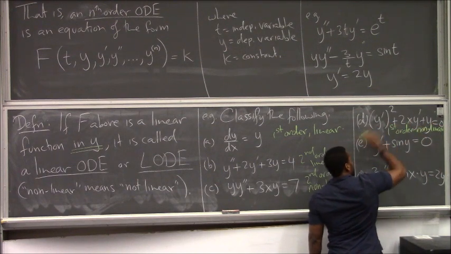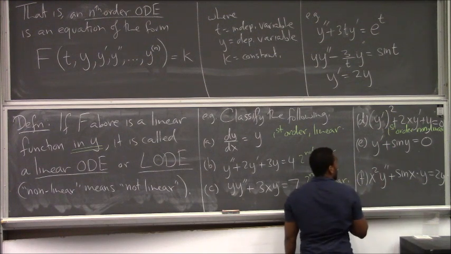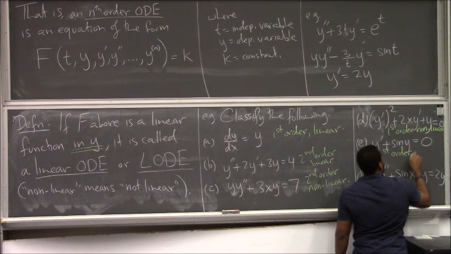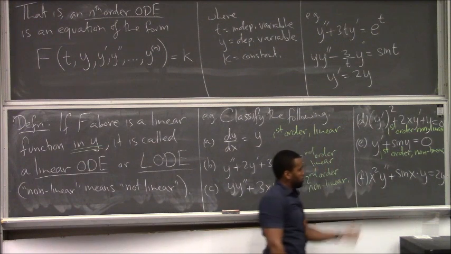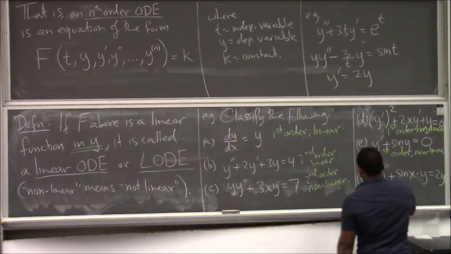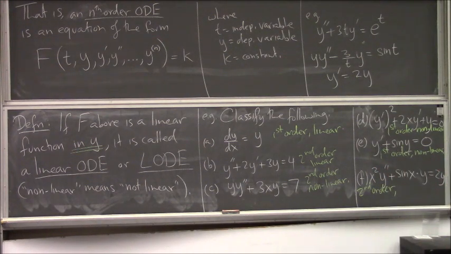The highest order that occurs is first order, but this y here is squared, that means it's nonlinear. What about this one? First order nonlinear. Again, first order nonlinear. What about this one? Second order nonlinear. Second order linear or nonlinear?